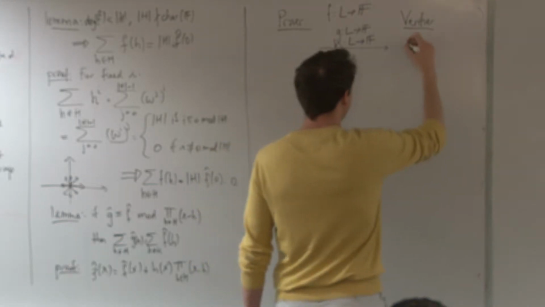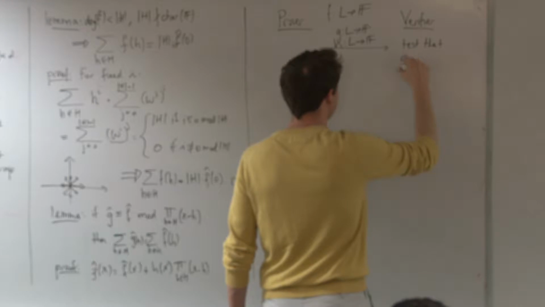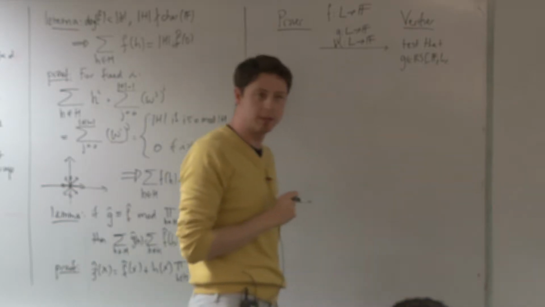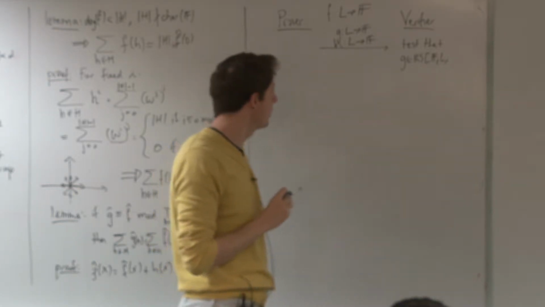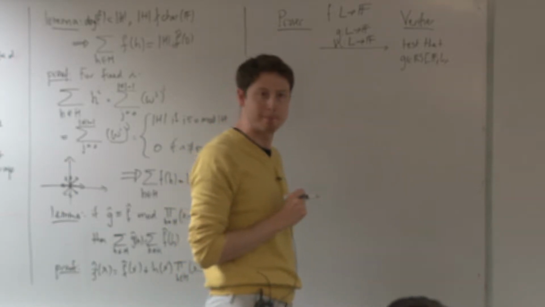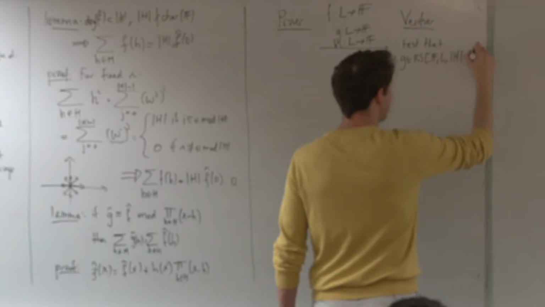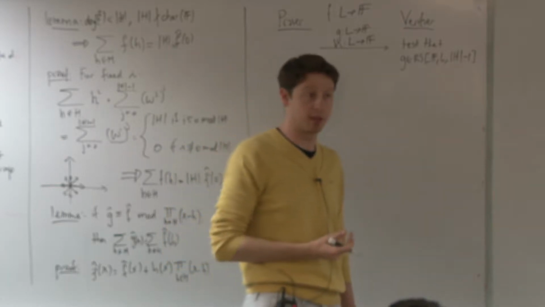Now, of course, the verifier will have to test g and h. What's the degree of g, by the way? That's the remainder. What should the degree be? Less than h, right? Because I'm dividing a polynomial by a polynomial of degree h, so the remainder must have degree strictly less than that.